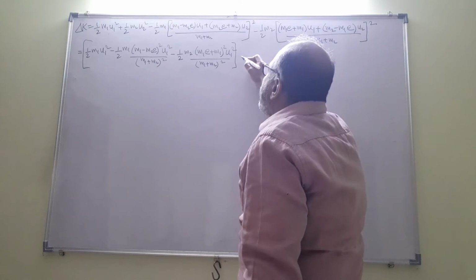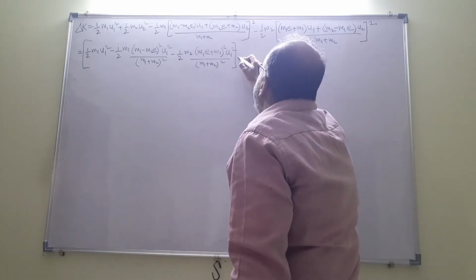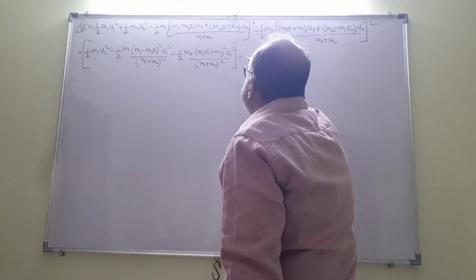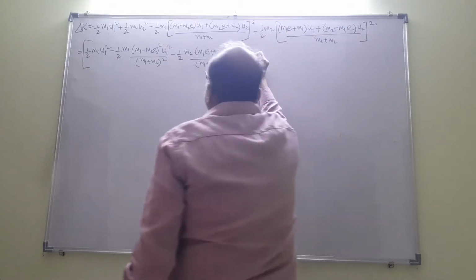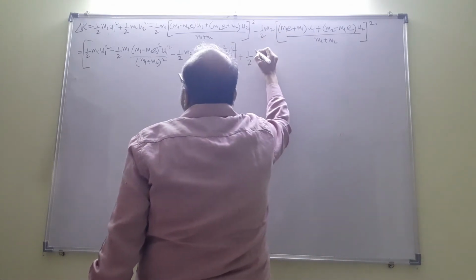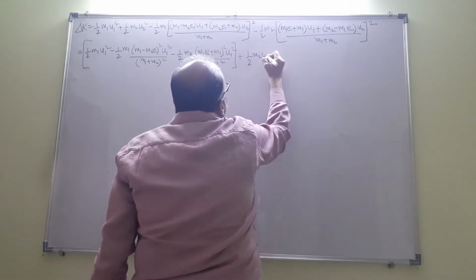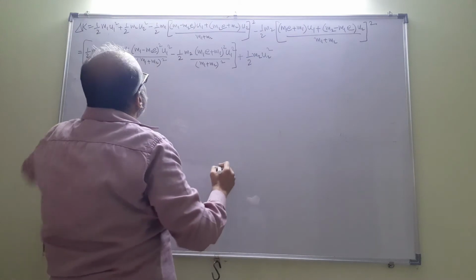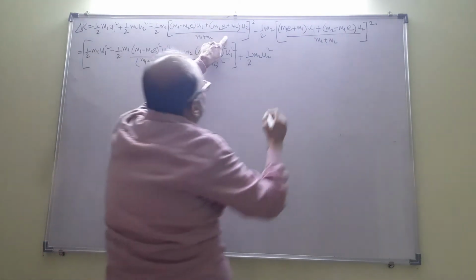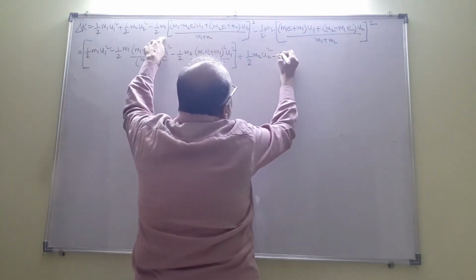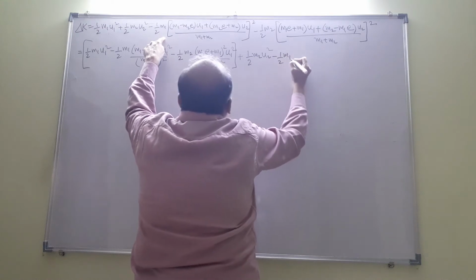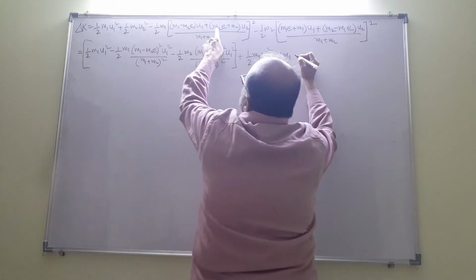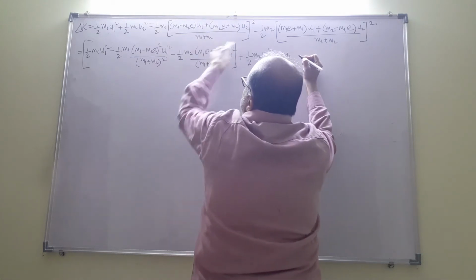Now for the u2 squared term, similarly, let's club all the u2 squared terms. You will have half m2 u2 squared. Now come here, this is the minus half m1 into this squared.